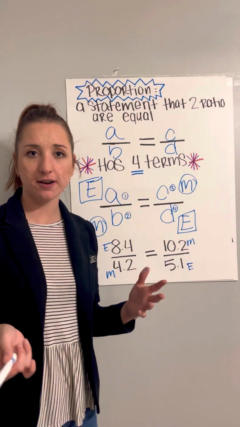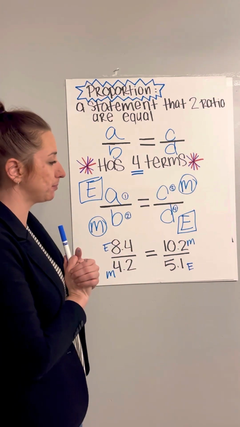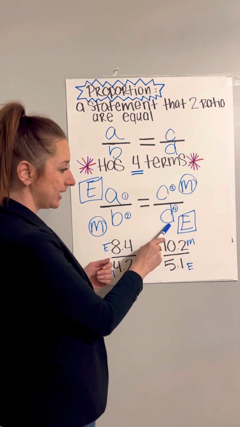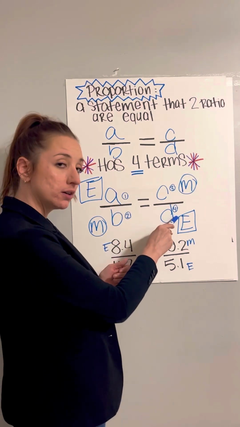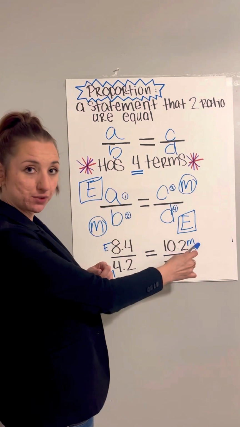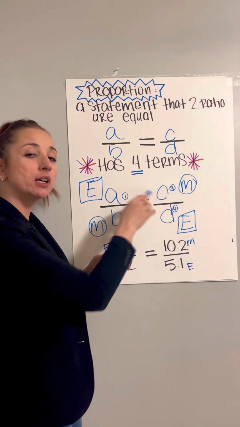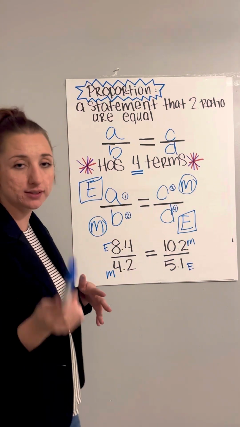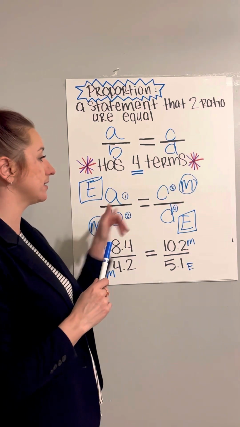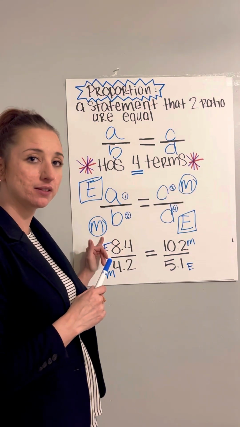There are also other terms to label these. For example, A and D, or 1 and 4, are called extremes, so they're labeled here with an E. 2 and 3, or B and C, those are the means, so we have M here for means.